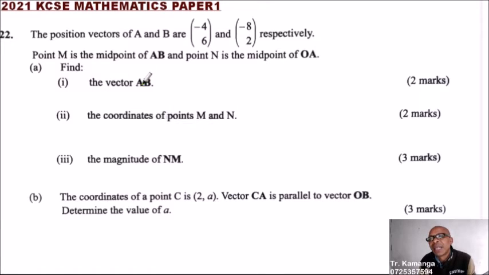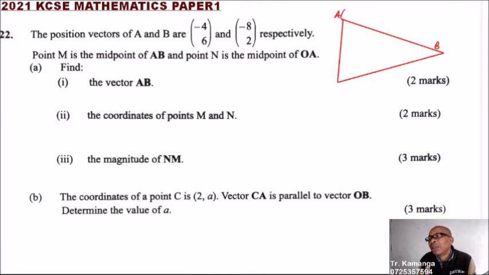Before we start answering the question, it is good that we have a sketch of the information we have been given. So we can say that is our vector AB, and that is the origin. So this is our A and this is our B.